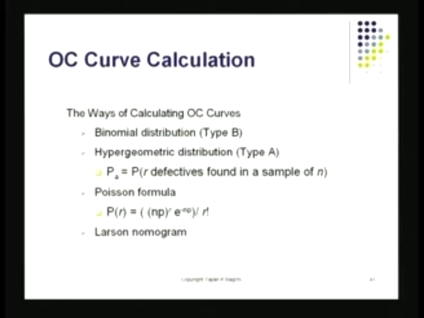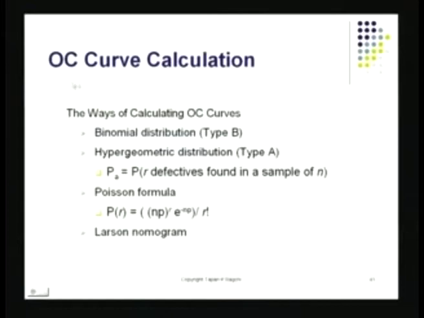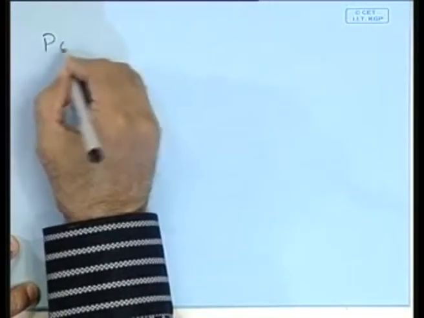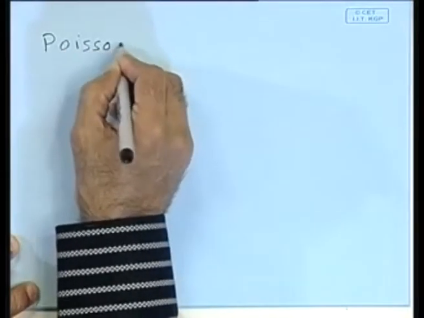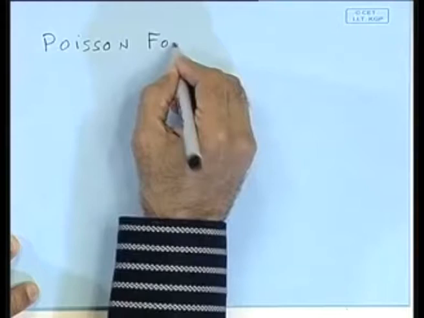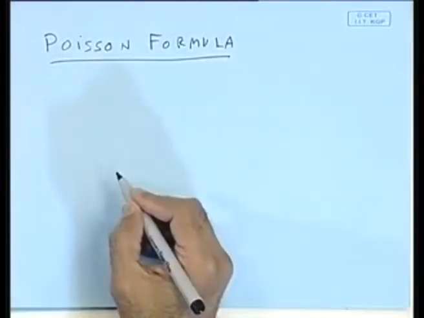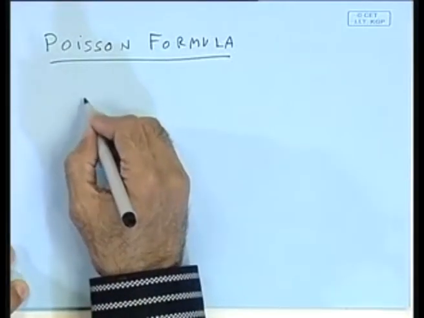It's also possible for me, instead of using the binomial distribution, to use the Poisson distribution, and the formula is shown here. The Poisson formula goes like this.